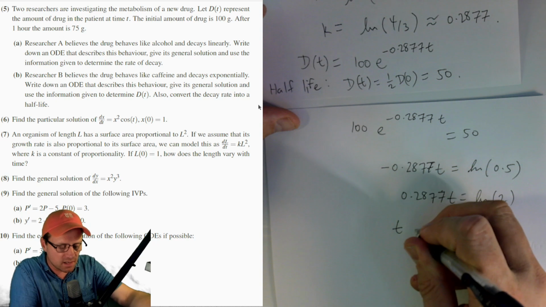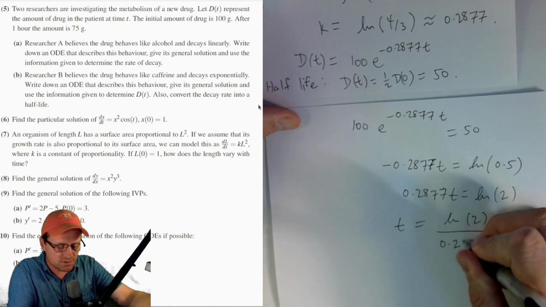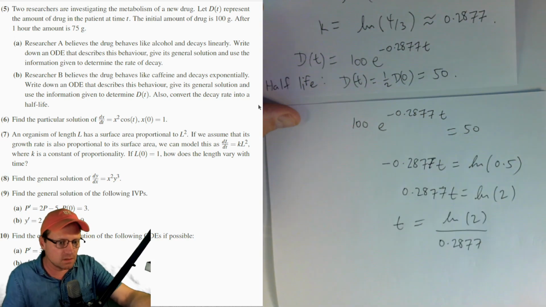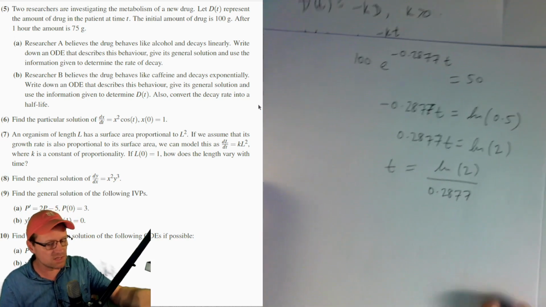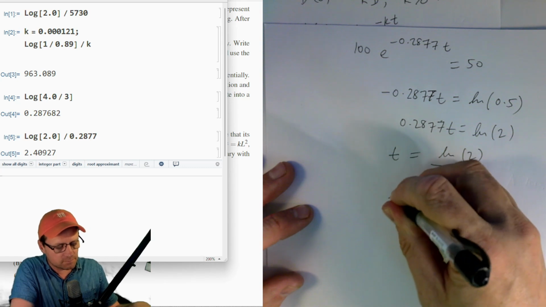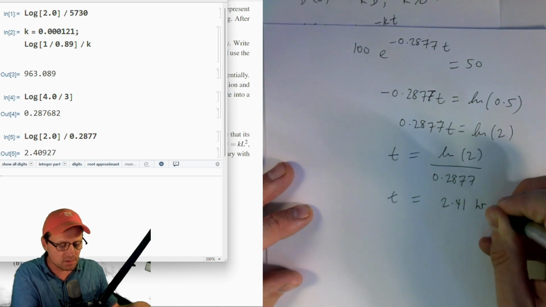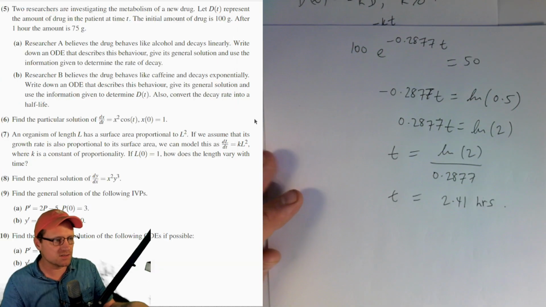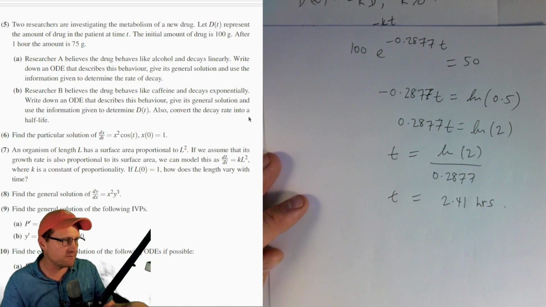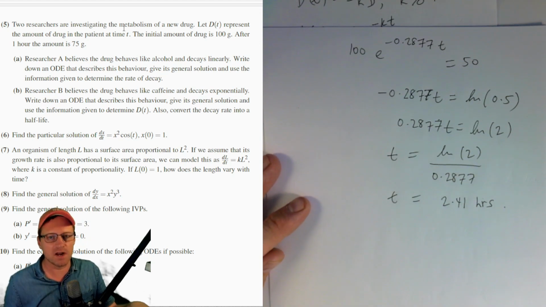And so the half-life t is natural log of 2 over 0.2877. Okay, so let's estimate this using Mathematica. The half-life is 2.41 hours, because this was in hours. So this says that half of the drug is out of the system after 2.41 hours.